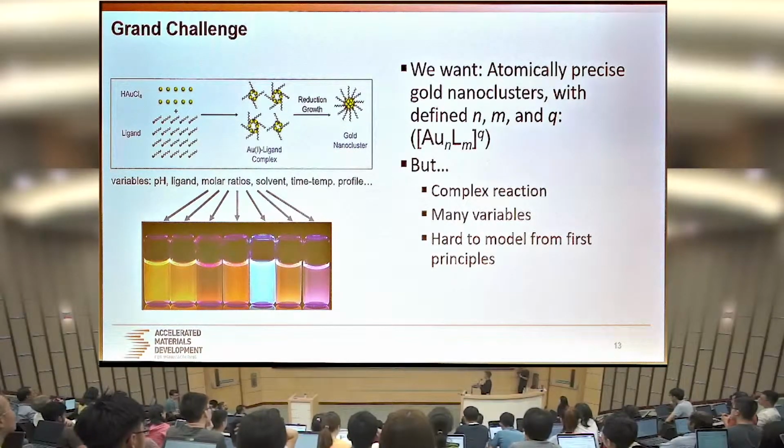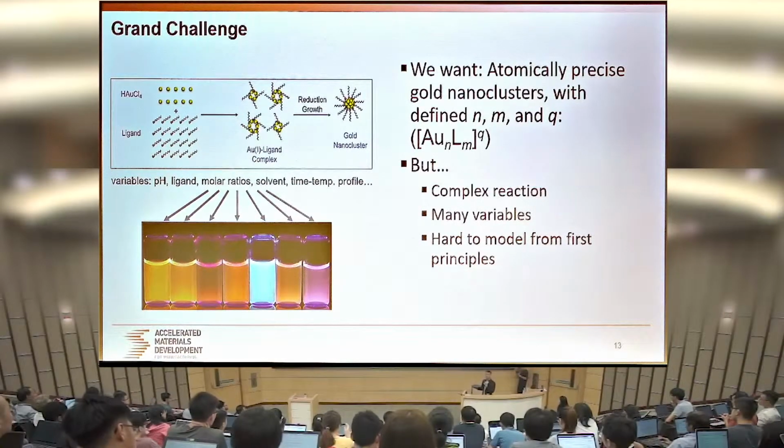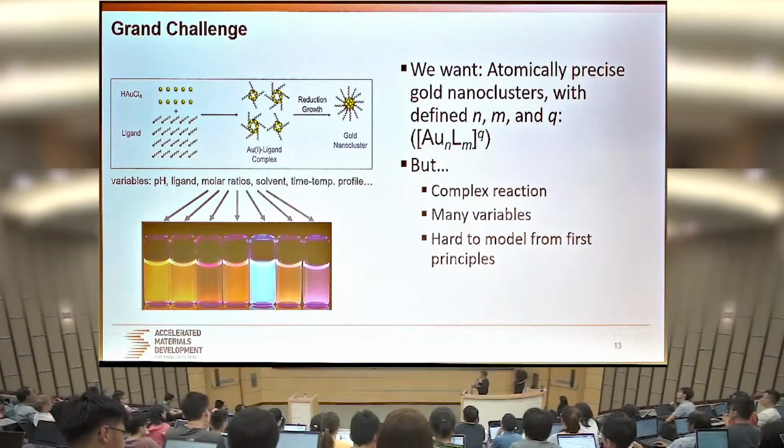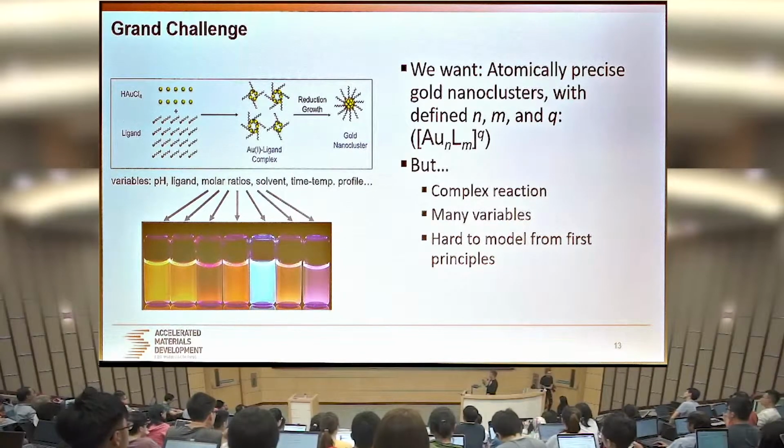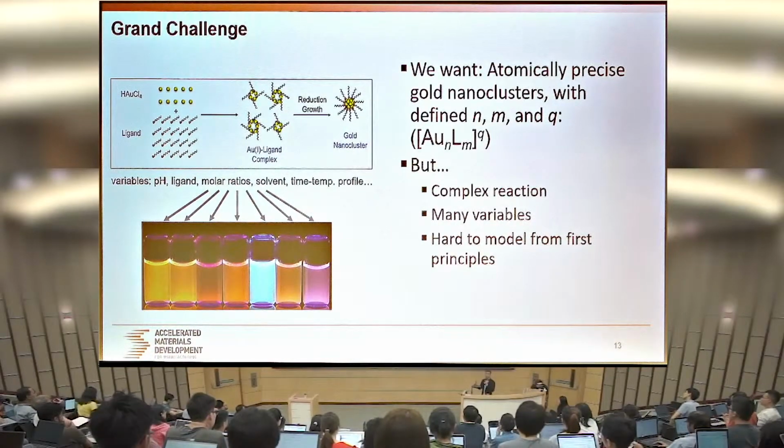However, nowadays, due to the complexity of the process and the many variables, it is very hard to control the whole synthesis process. Scientists don't know what the right recipe is until they have done the experiments. But machine learning tools can give us some idea of how to make this whole synthesis process more controllable or more predictable.